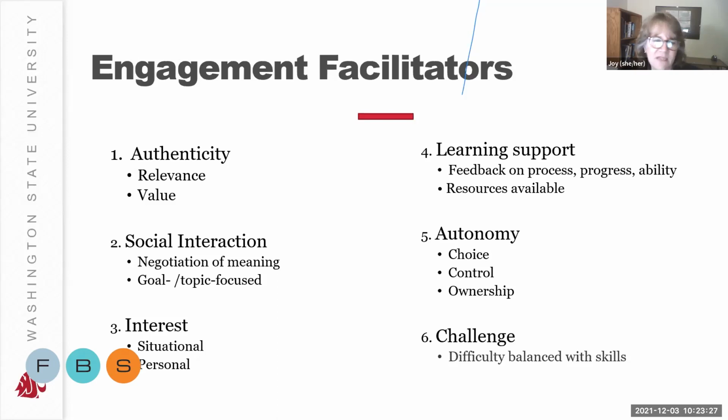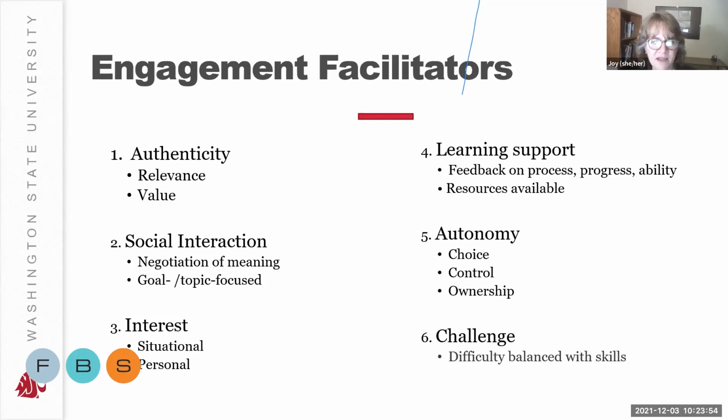So I would even start with those three and say, how can I make this interesting? What can I do to help students see it as authentic? And sometimes that's as simple as saying, you will need this to pass the test, or you will need this to go to America and study as a graduate student, or you need to understand this to do the next fun thing we're going to do in class, right?